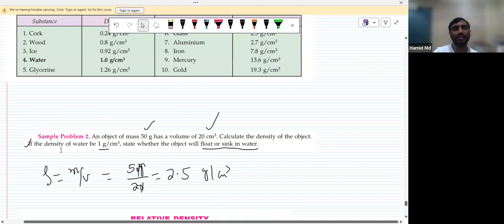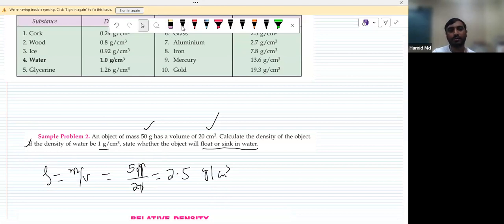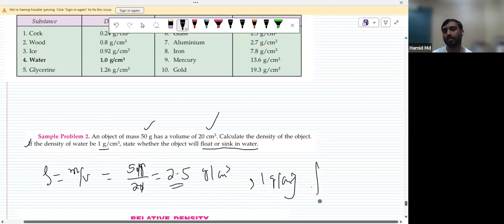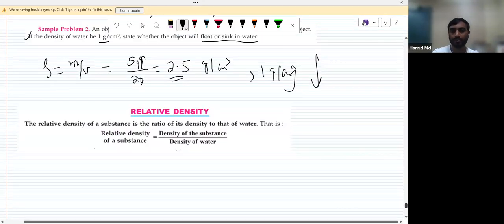Okay, it will sink for sure, because the density of water is only 1.0 gram per centimeter cube. So its density is more than the density of water, so surely it will sink. Clear? Yeah. Okay.